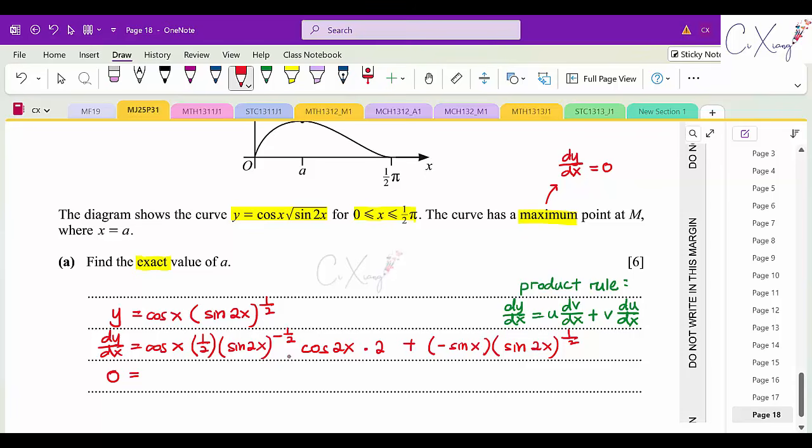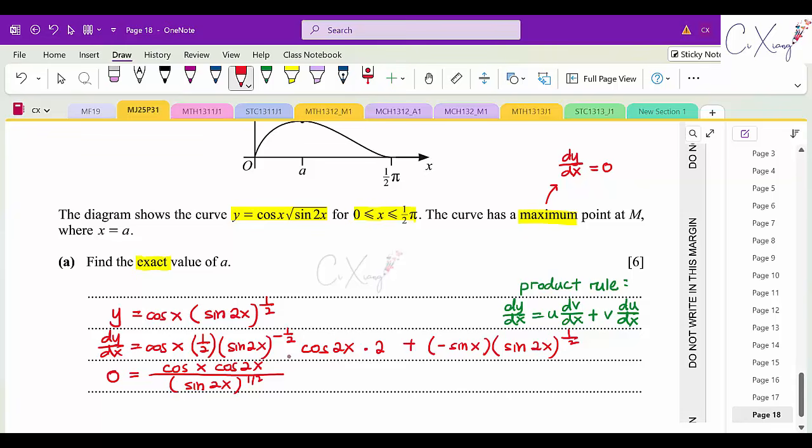Alright, so let's see what we have. The 2 and 2 will be cancelled off. Then I will be having cos x cos 2x on top, divided by (sin 2x) to the power half at the bottom, because of the negative power, right?